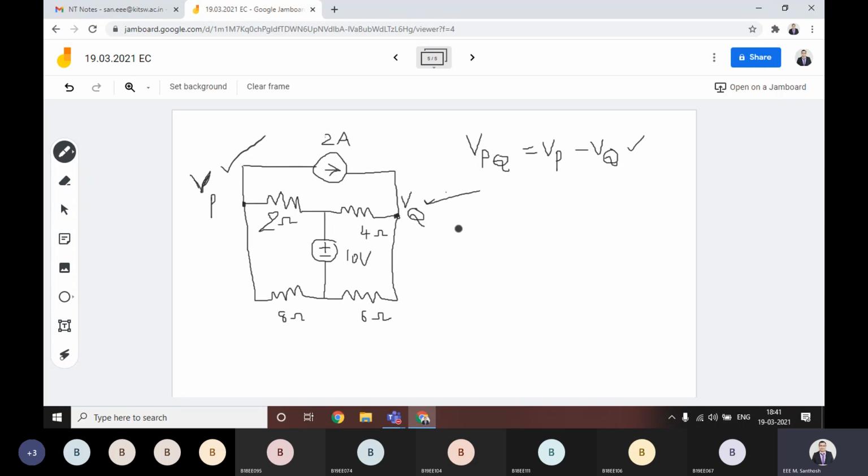At P point, as I am writing the equation first at node P, that will give you plus 2. 2 is leaving, plus Vp by 2, and Vp by 8, this one.